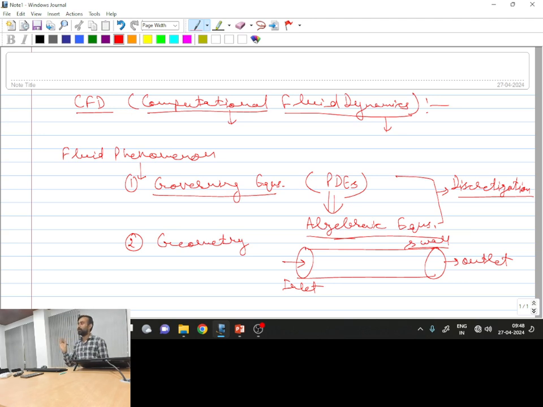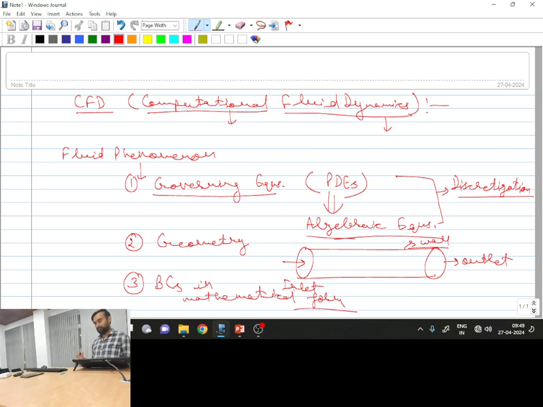The computer will only talk in terms of mathematical terms. Okay, so we need to specify these boundary conditions in mathematical form.